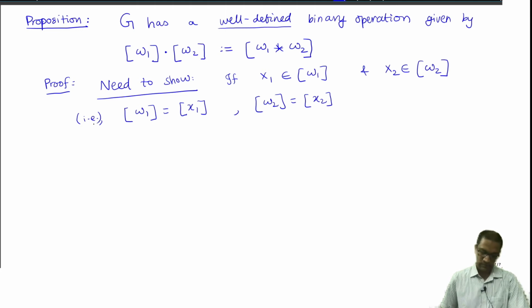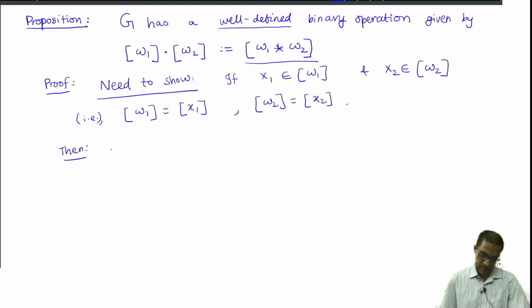Okay, so I'm changing my representative. Then I need to show that my right hand side will be the same answer, whether I do W1 star W2 and take the concatenation, or I take x1 star x2 and take their concatenation; the answers should be the same.